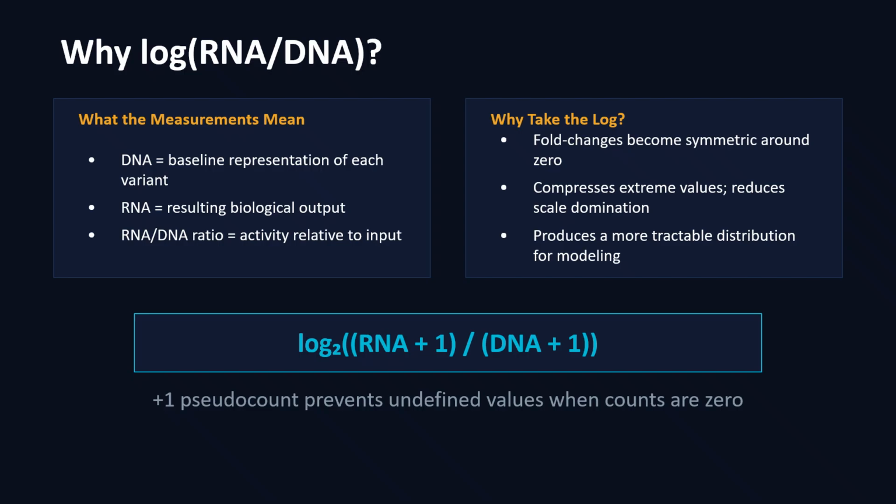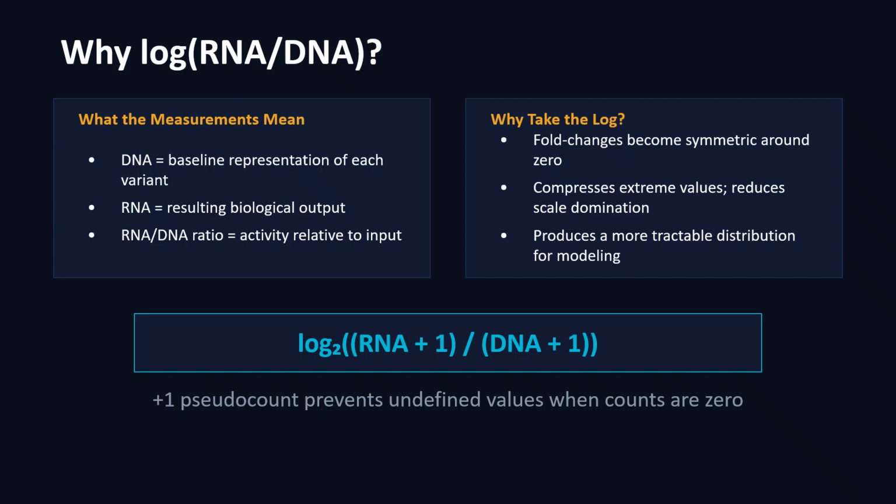So we just learned that taking the ratio of RNA to DNA estimates activity related to input, but raw ratios are messy, so they are highly skewed. A few strongly expressed variants can dominate the scale. So we take the log of the ratio.